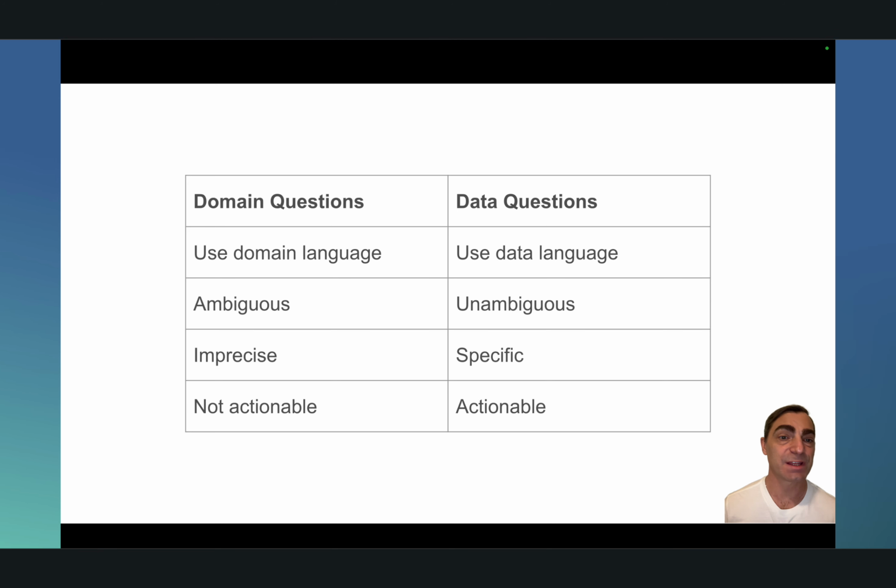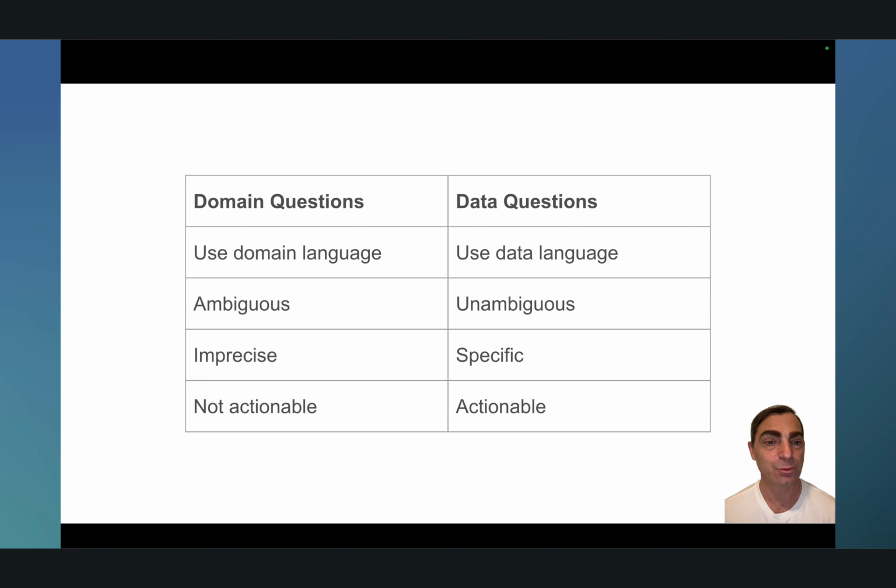So domain questions tend to be ambiguous, very ambiguous, whereas data questions need to be unambiguous because it's the only way for you to extract information from the data and then visualize it. So they must be unambiguous in terms of what can be done with the data. Domain questions tend to be imprecise, but data questions need to be very specific.